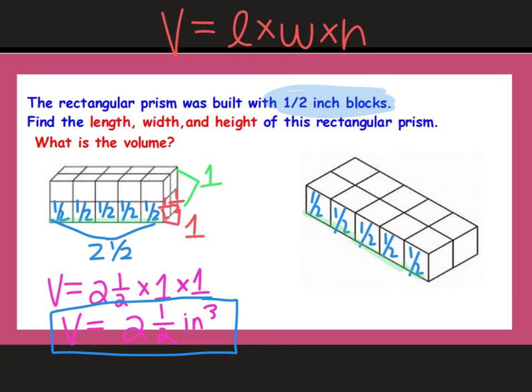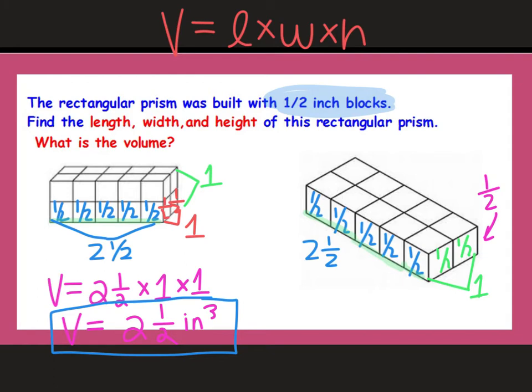So our length here is 2 1/2. Our width goes back 2 blocks. 1/2 plus 1/2 is 1 whole. And then looking at our height, it's only 1 block high. So our height here is just 1/2.